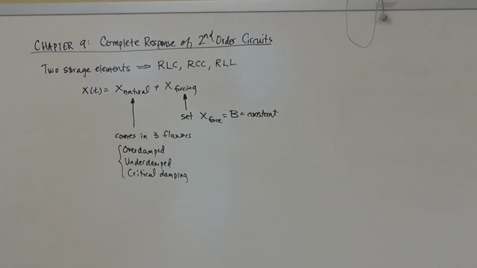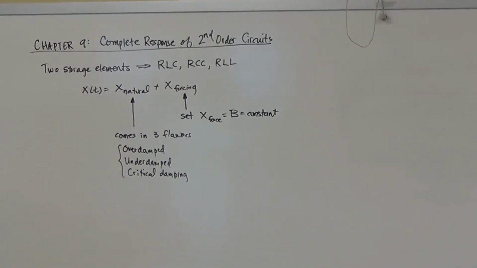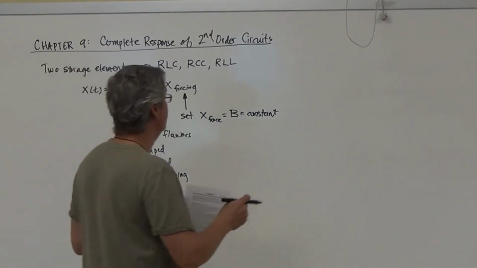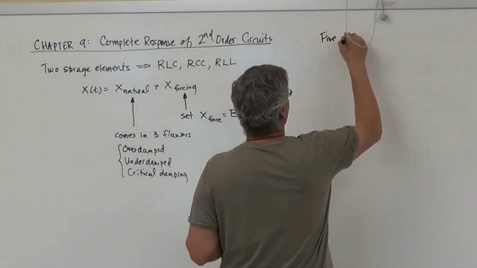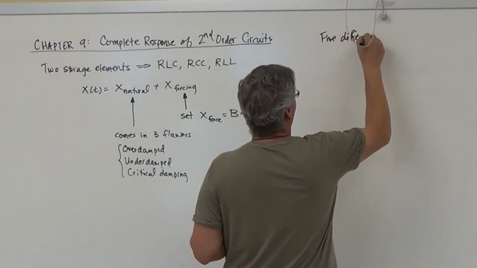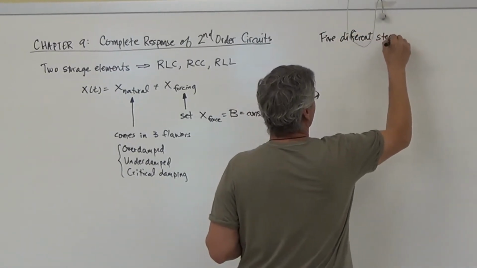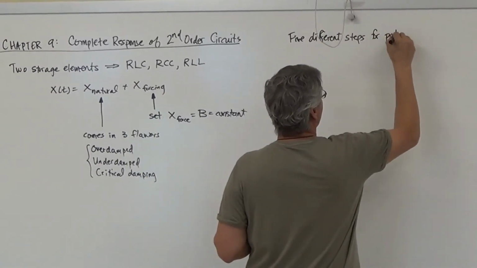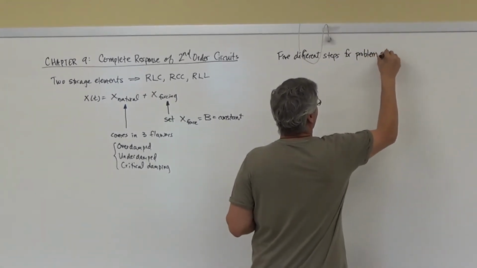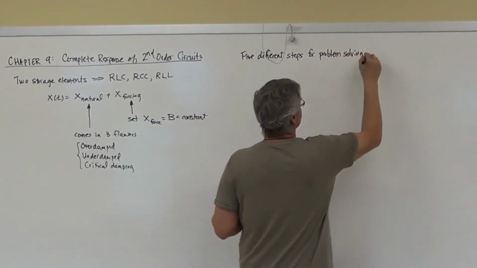Now, if you look at the overall strategy of how we solve these circuits, there are really five main steps, and they look very similar. Five different steps for problem solving strategies.